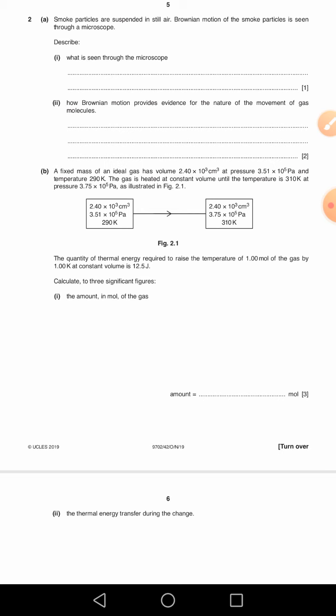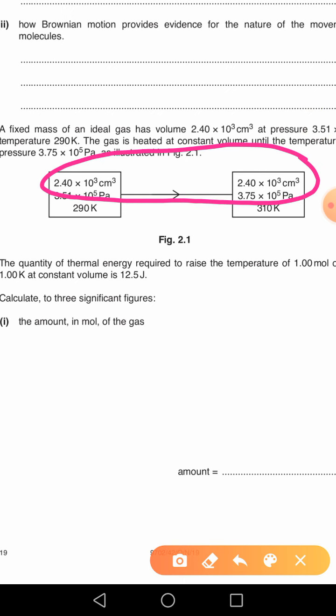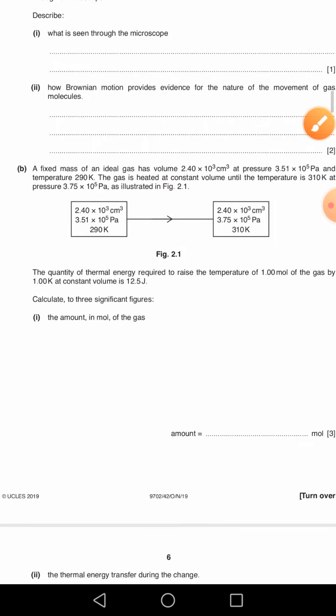Okay, so the thing is that a mass of gas is heated from 290 Kelvin to 310 Kelvin, at constant volume. The gas is just heated, okay.